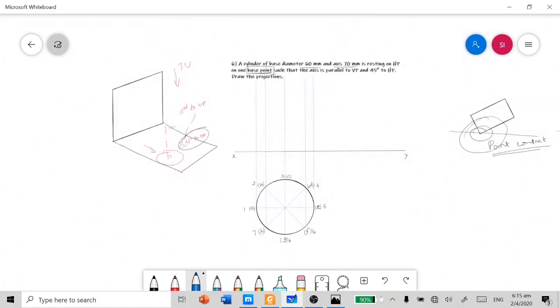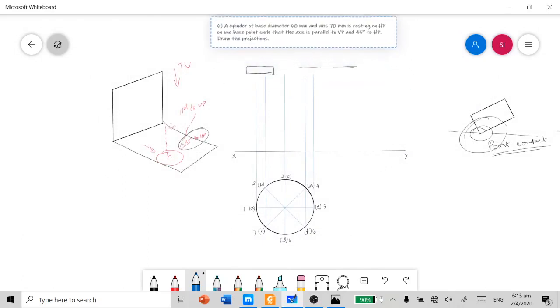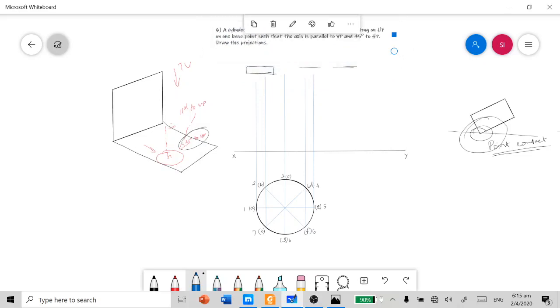After projecting them, up to the axis height we have to estimate the solid. The axis height of the solid given in the problem is 60 mm.